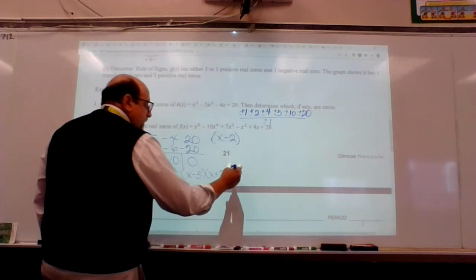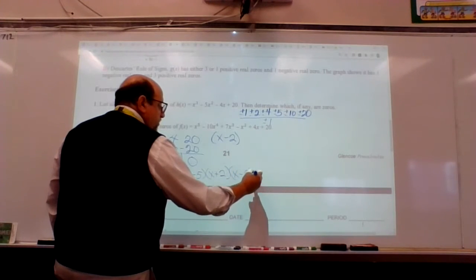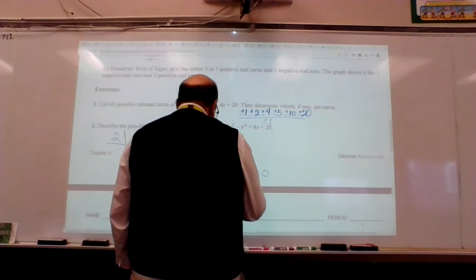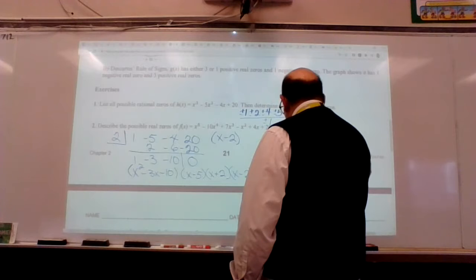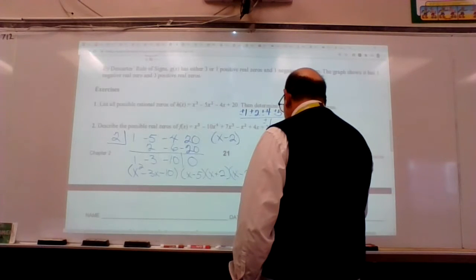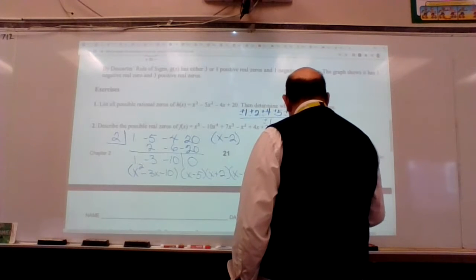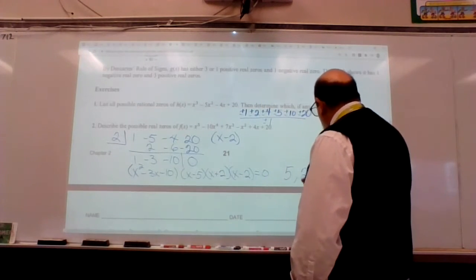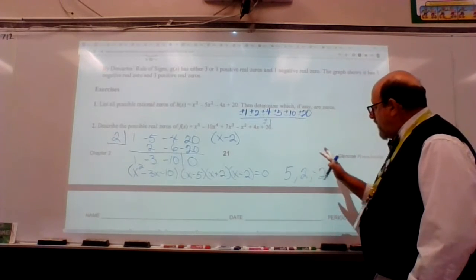So we know that these are our factors that equal 0. So our real zeros, when we finally do all of this math, are 5, 2, and negative 2. And I switched those around just because I wanted them to be in descending order. Sometimes you like to do them in ascending order, but these are our real zeros.